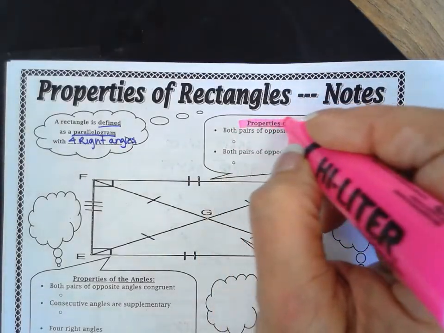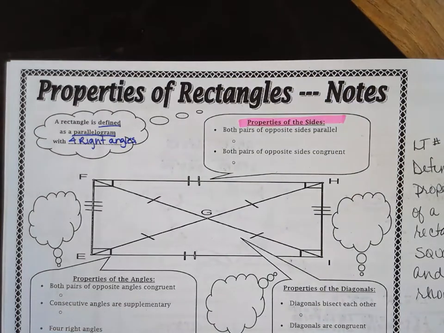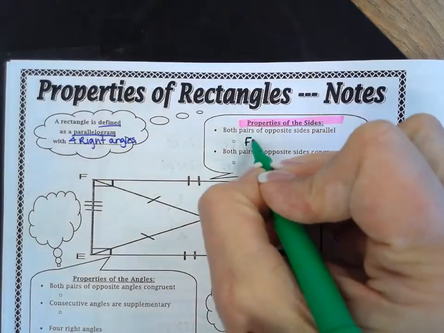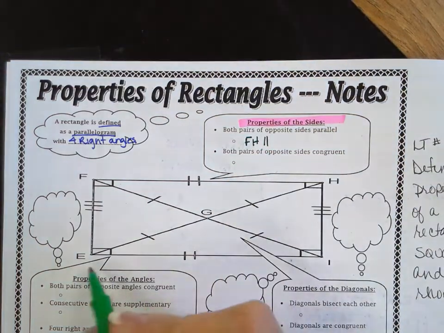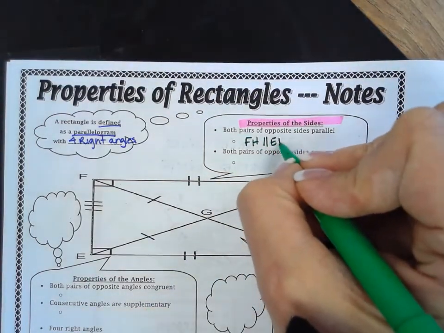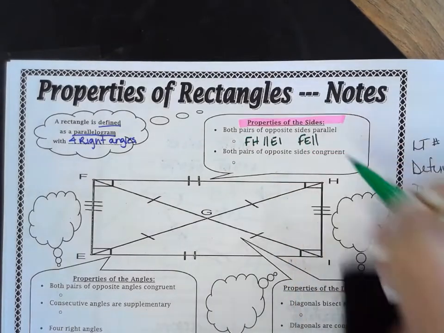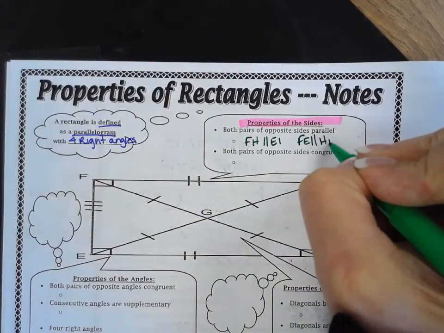So let's talk about the properties of the sides. Both pairs of opposite sides are parallel, just like your parallelogram, which makes FH parallel to EI, and FE is going to be parallel to HI.